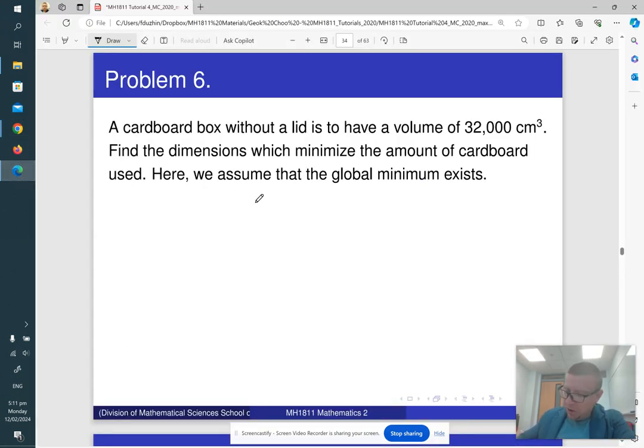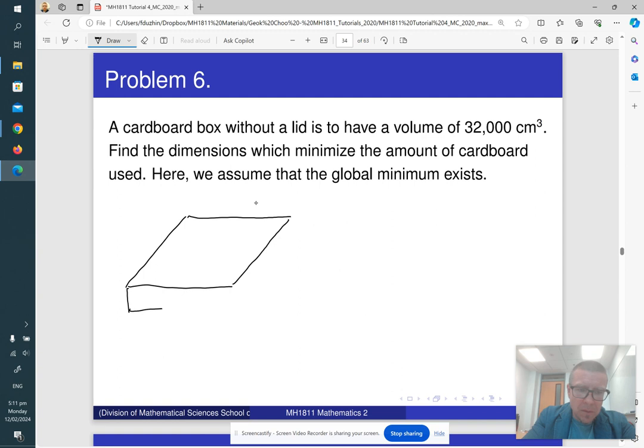So the picture looks like this. X, Y, and let's say Z.